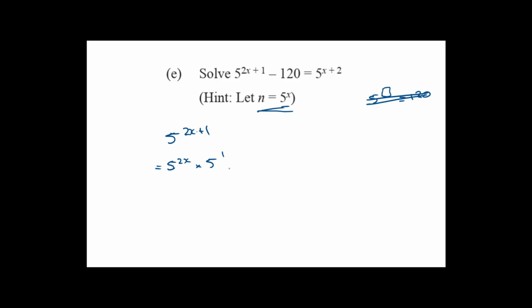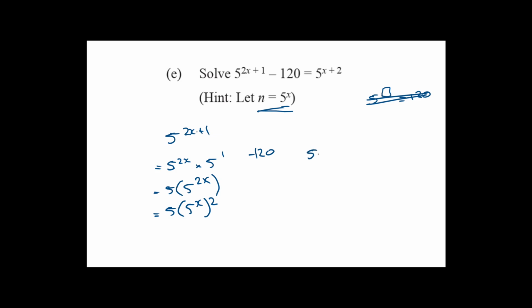And 5 to the 1 is 5. To the x. And we want 5^x, so we're almost there. And if we take the x away, we would get that. Okay, the minus 120, I don't think we can do anything, so we're going to park it for now.